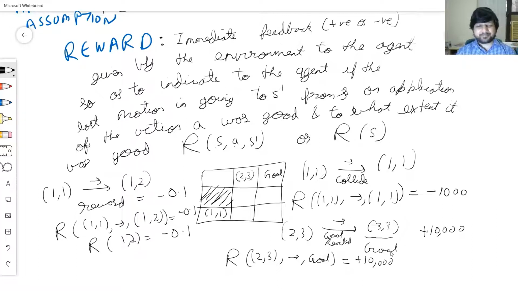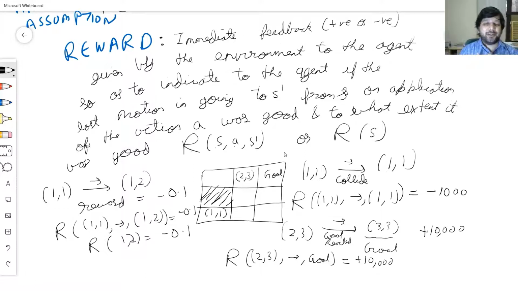So now what I need to do is to be able to plan this agent under stochasticity such that, of course, the agent moves to the goal, but in a generic sense, such that the agent maximizes the summation of all the rewards that it gets on the way.